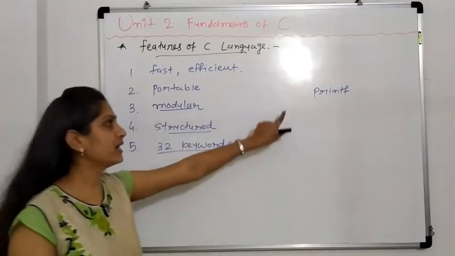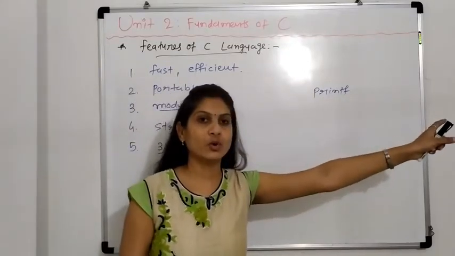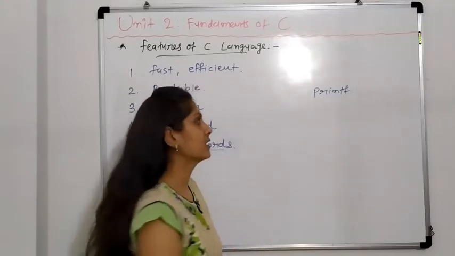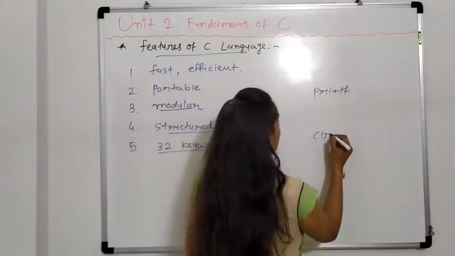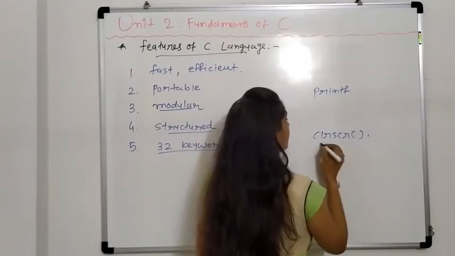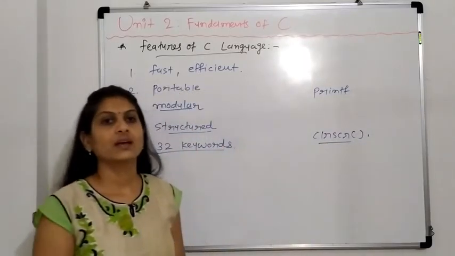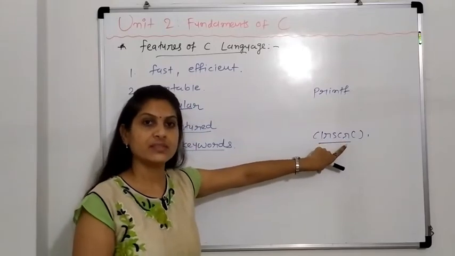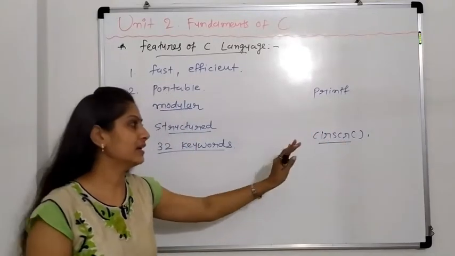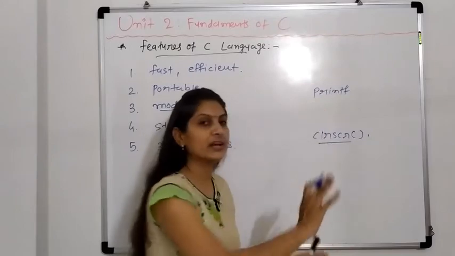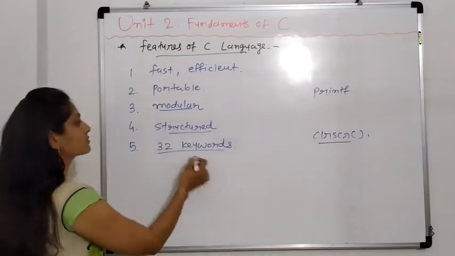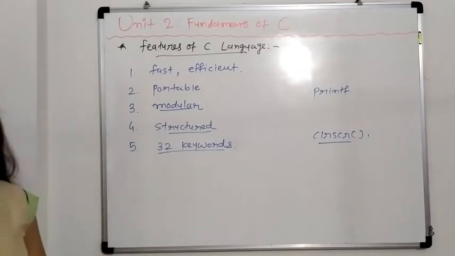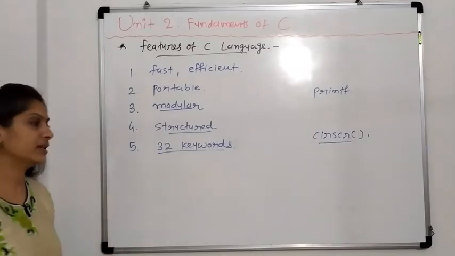The compiler knows that we have to print the statements. Suppose I am writing clrscr. This is again a keyword, meaning clear screen. That is known by the compiler and indicates we have to clear our output screen. That is called keywords. How many keywords are possible? There are 32 different keywords.